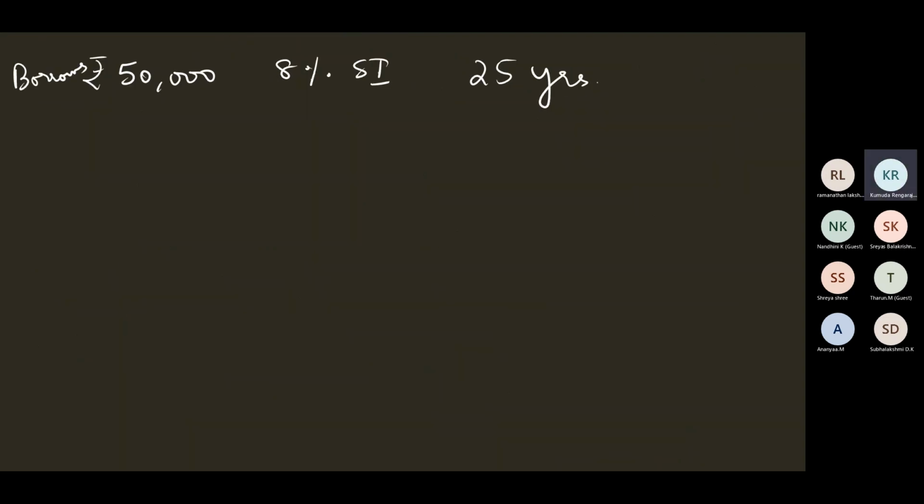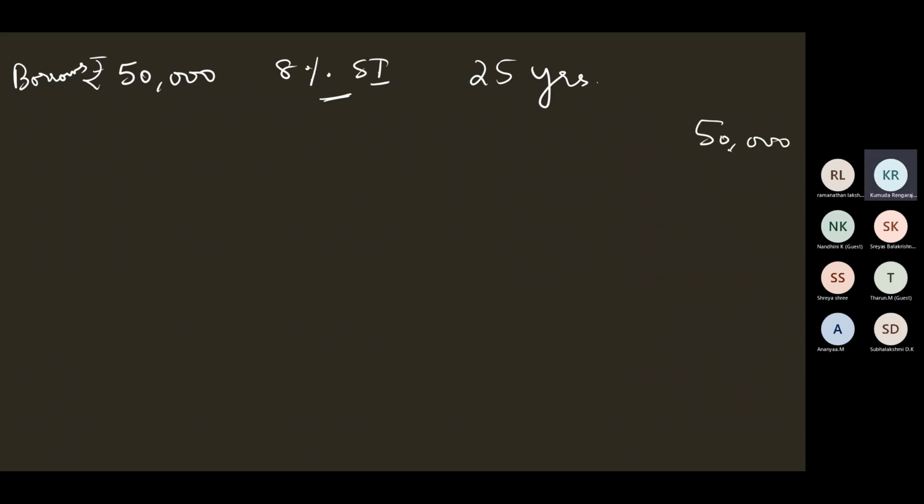Now see this case. This is a bank. A person borrows 50,000 at 8% simple interest for 25 years. When you borrow 50,000 from a bank, or from some person who lends money, for 25 years under simple interest, every year you pay the interest alone, and at the end of 25 years you return the 50,000.